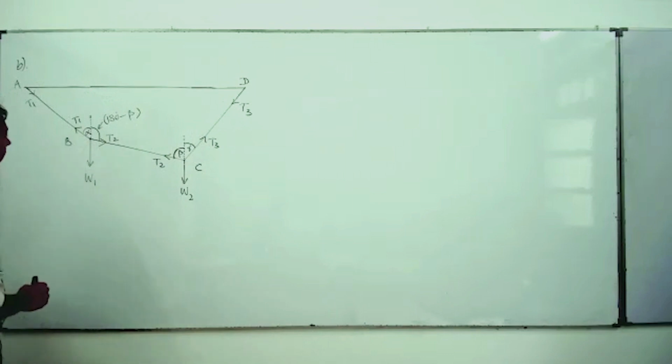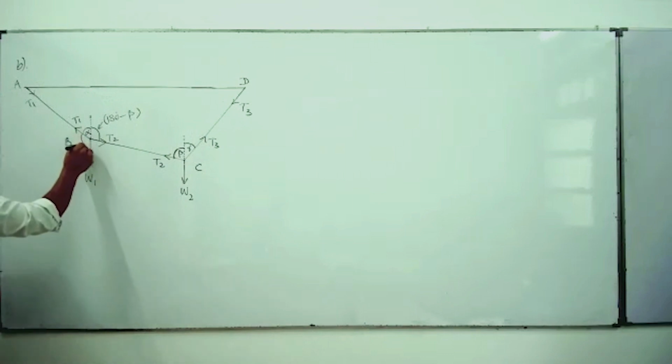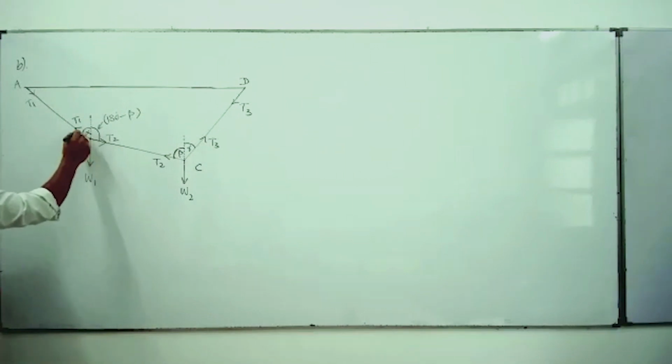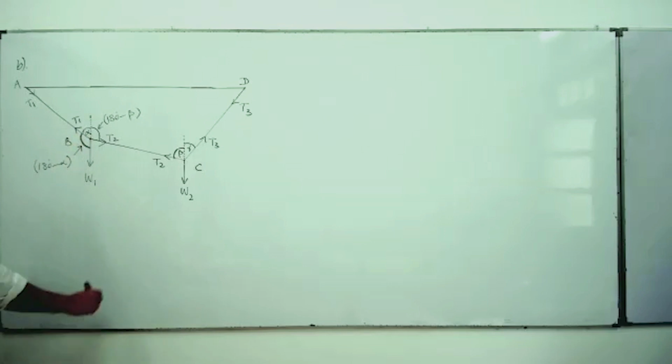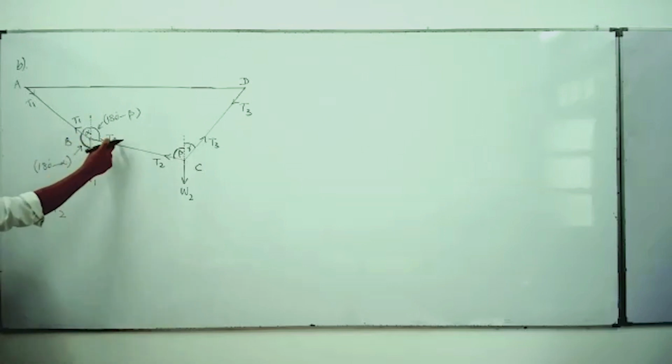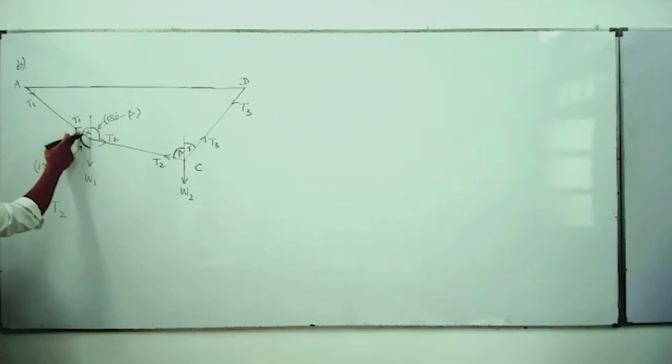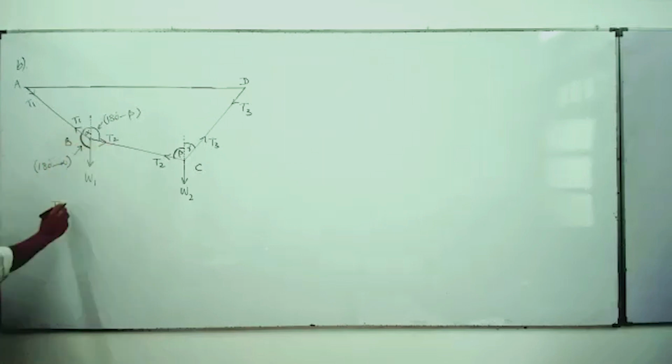What is this angle? Here alpha. This is therefore 180 minus alpha. Then we can write T2 on applying Lami's theorem here: T2 divided by sine of the angle between the other two forces, T2 divided by sine 180 minus beta.